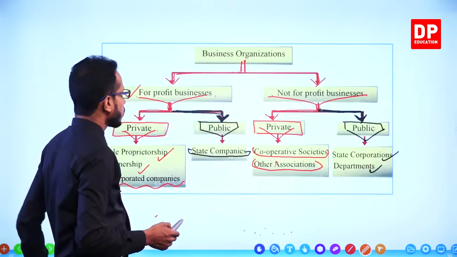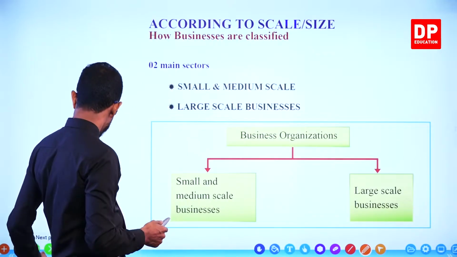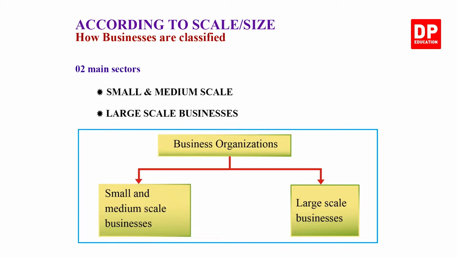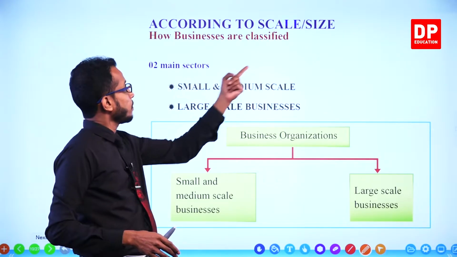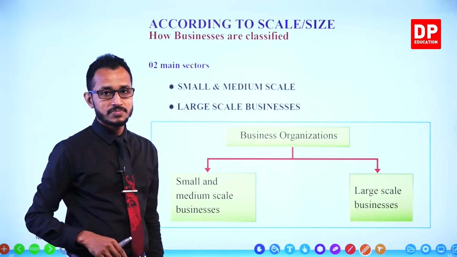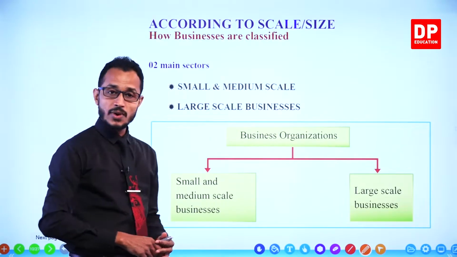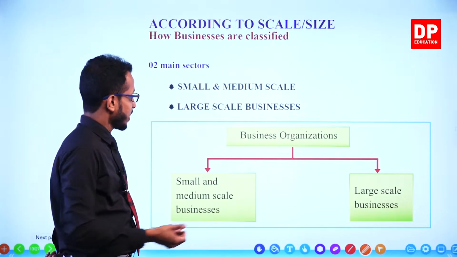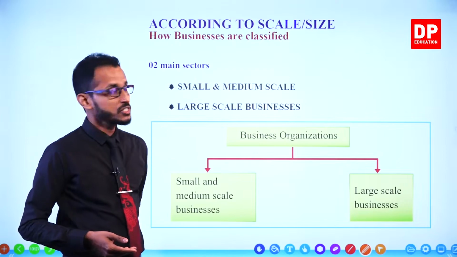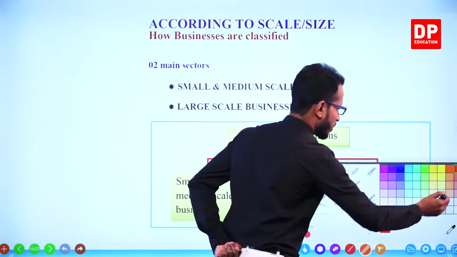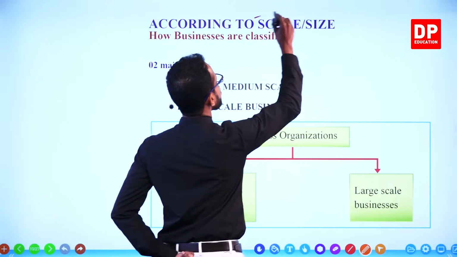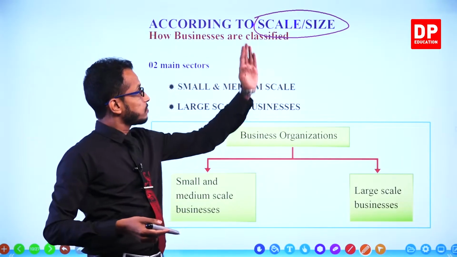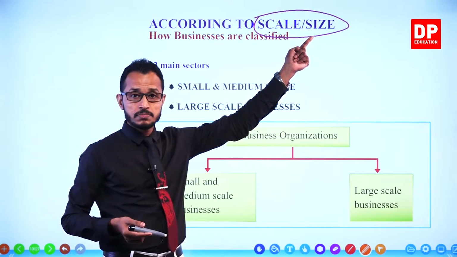So those were the areas that we covered in the last session. Now we come into action with another criteria, another base. Again, we divide business organizations considering the scale or the size of the business.